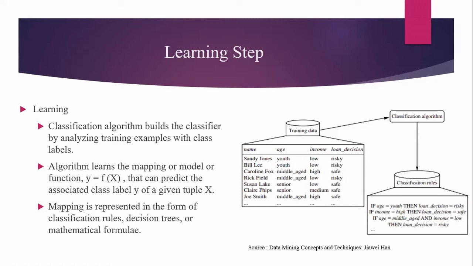So the condition is, if age is middle-aged, I have to check one more condition, that is income is equal to low. If both are true, what is the meaning? Age is middle-aged and income is also low means I may not be able to pay the installment. So you will immediately come to the conclusion that the decision is equal to risky.